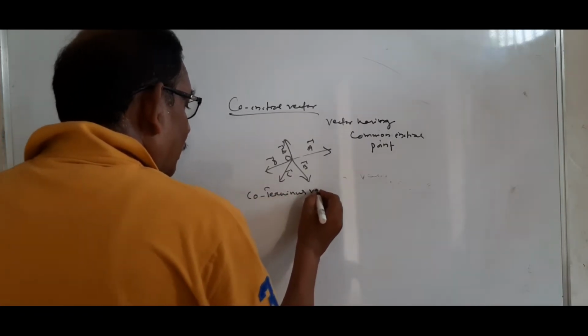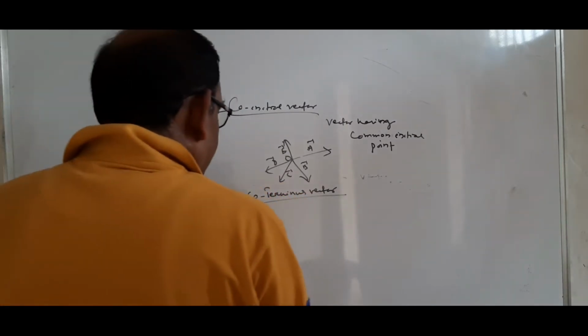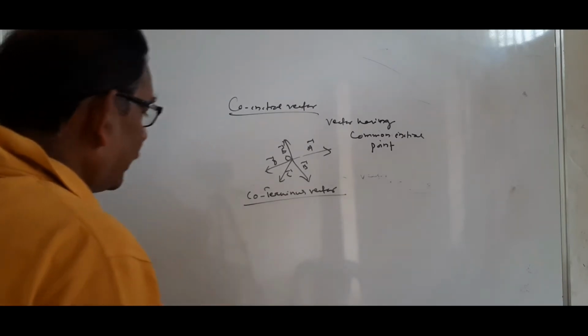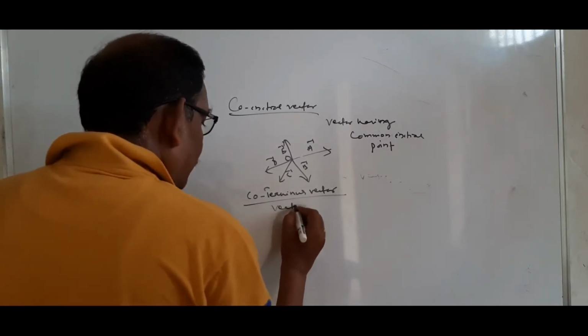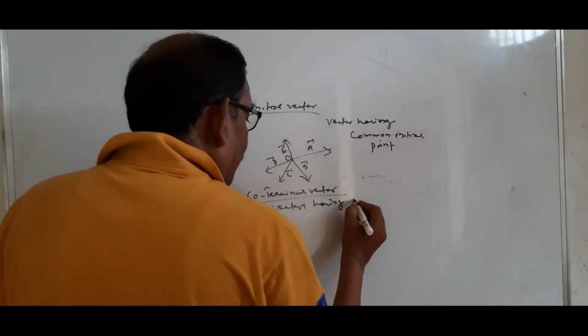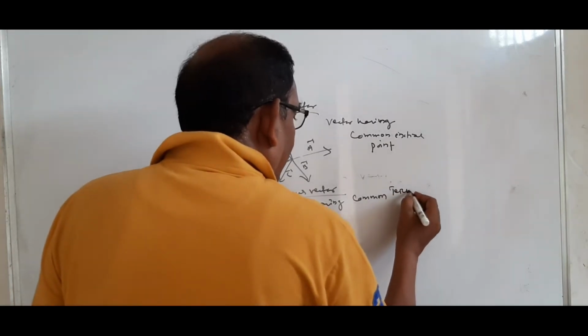Now, coterminous vector. Coterminous vectors are vectors having a common terminal point.